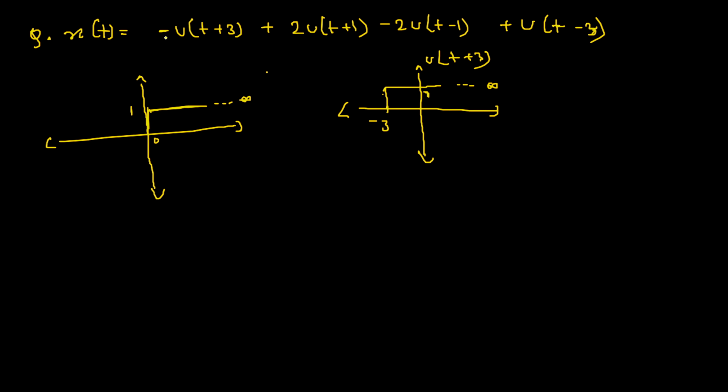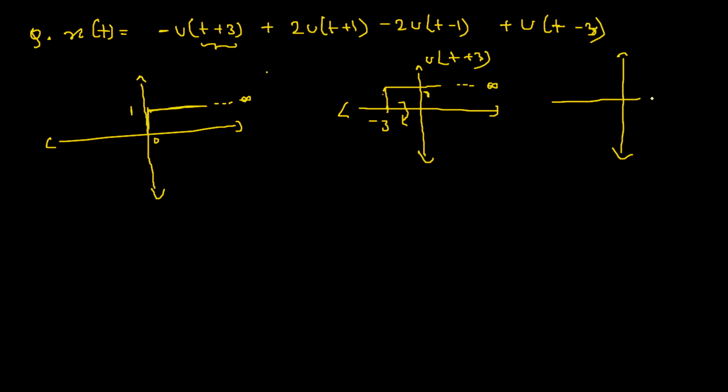So what is happening here is, if the minus sign was inside, it would be time reversal. But since the negative sign is outside, that means it's amplitude scaling. Anything that is outside the bracket is related to amplitude scaling. So amplitude scaling of minus 1 is just flipping the graph about your x-axis.